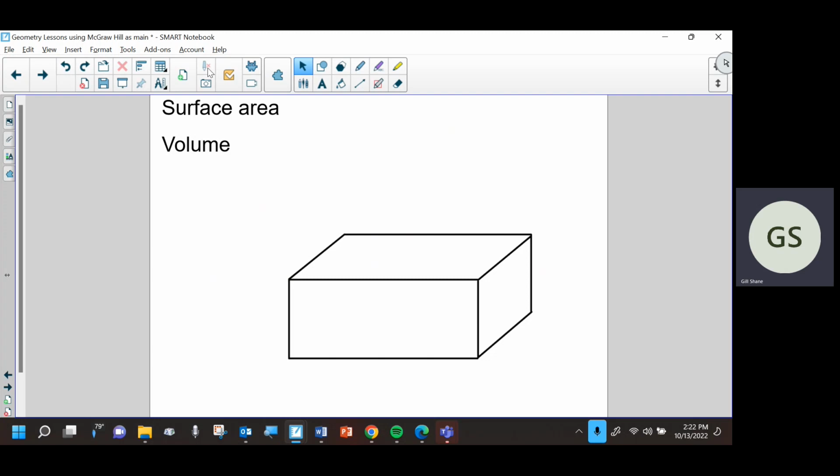So we're still doing the three-dimensional figures, and we're focused on surface area and volume. I'm not going to do the vocabulary that was in the last video from last class. I'm mainly focused on how to solve for surface area and volume.